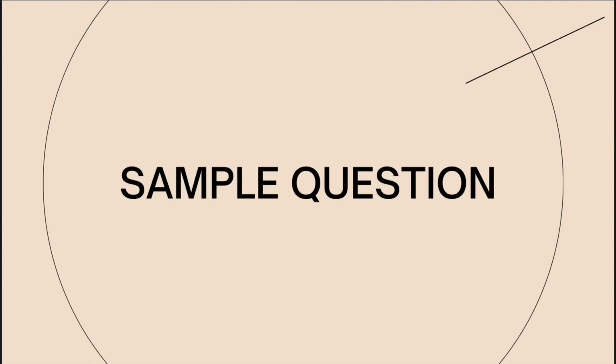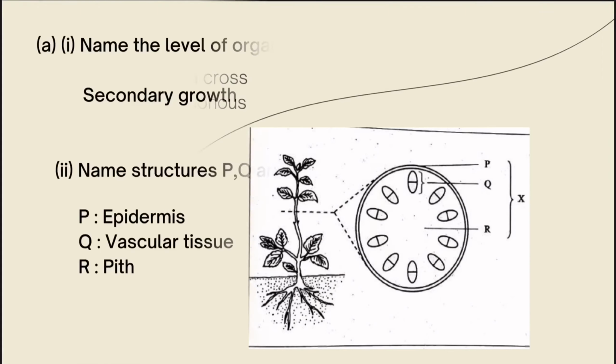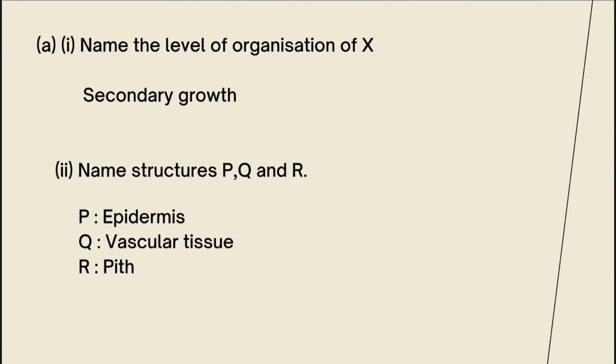As the video has reached the end, now let's test our understanding of the video that we have watched. For the first question, diagram 1.1 shows a cross-section of a dicotyledon stem. For question 1A1, name the level of organization of X. As you see in the diagram on the previous slide, X is secondary growth.